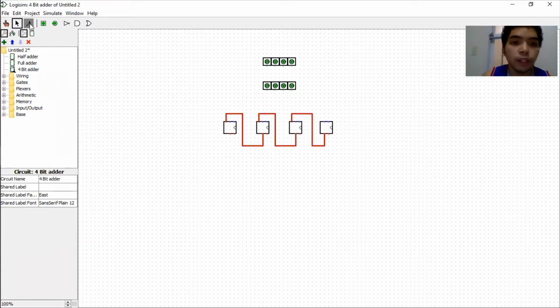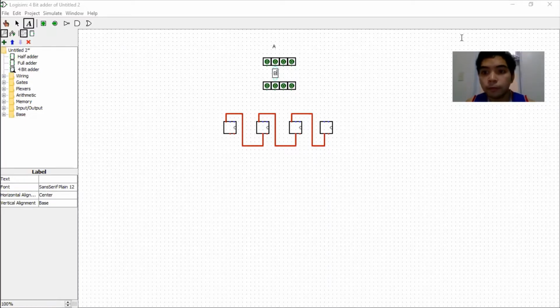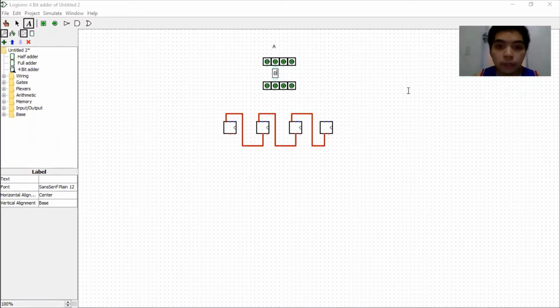So this is for the input A. This is for the B. By having this, we need to connect it now.